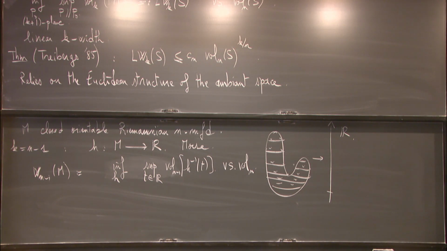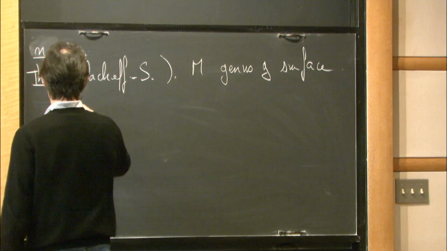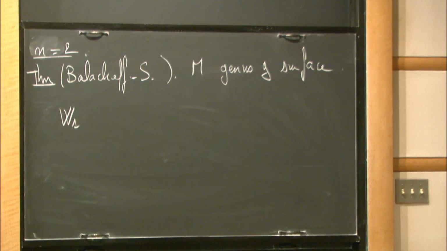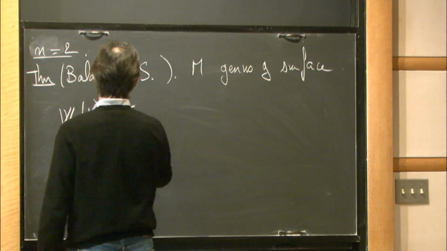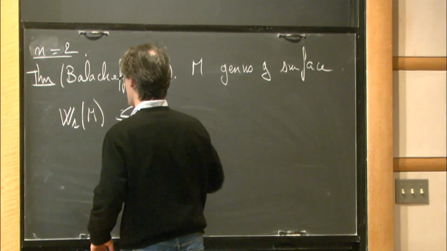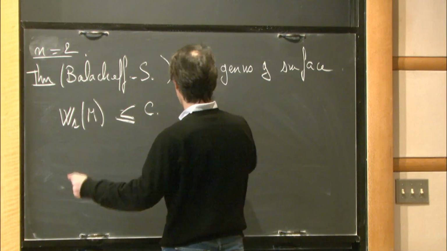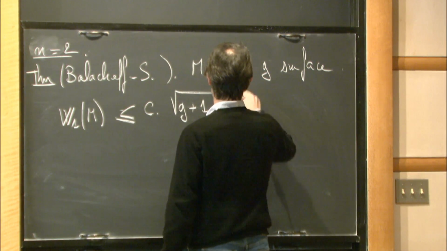So let's say that M is a genus G surface, and we proved, let's put it that way, so n is 2, so it'd be like the one-dimensional width of M is bounded, so it should be something like, I don't remember the constant here, it's a universal constant, something like that, okay?